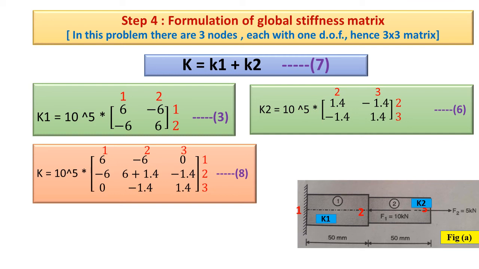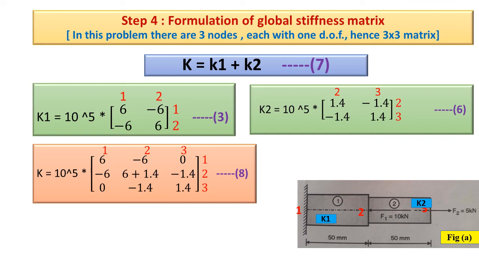While adding the 2 elemental stiffness matrices, this 10 raised to 5 is taken outside as common. Then at 1 1 there is a 6, at 2 1 there is minus 6. Similarly at 1 2 minus 6, at 2 2 there is a 6.